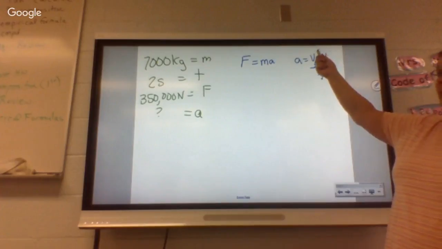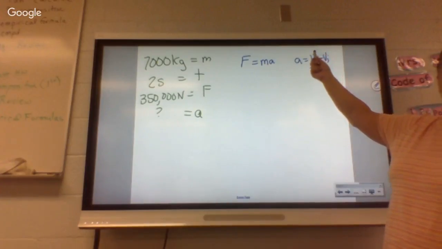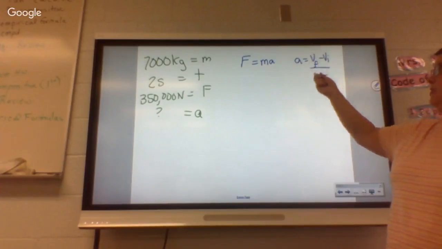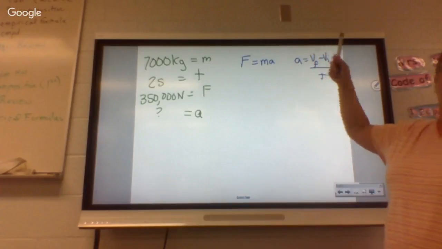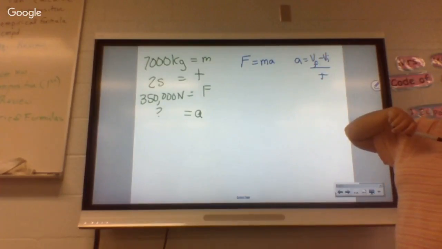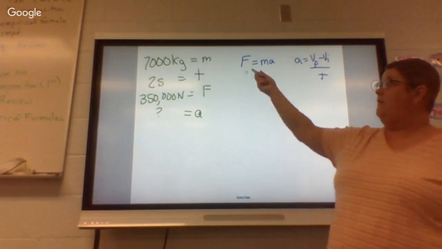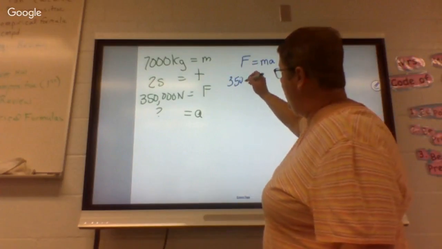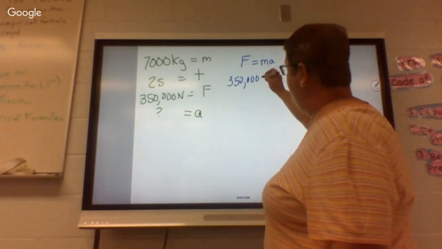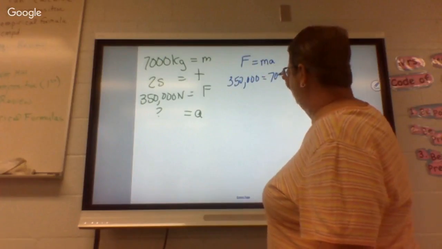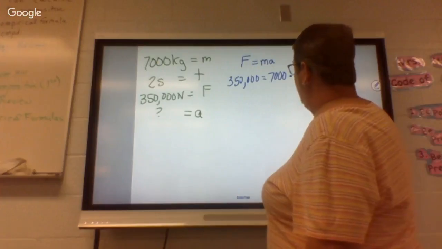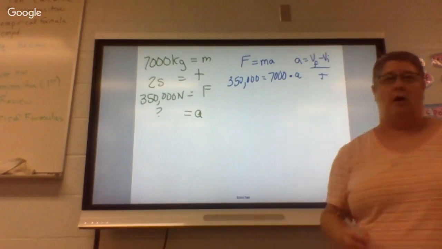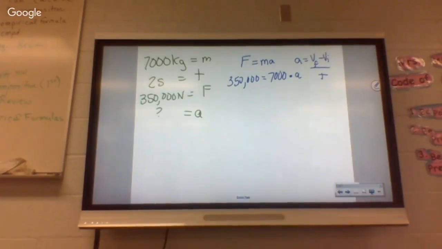We have the T, but we don't have the V. That's why we can't use this one. Now, if we have F equals MA, F is the 350,000, the M is the 7,000, and then we can solve for A. All right, so how do we solve for A?